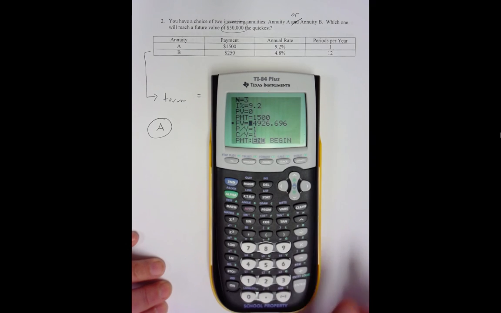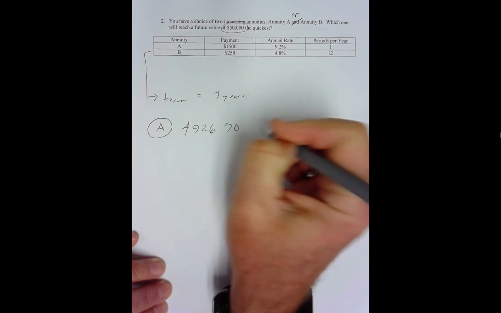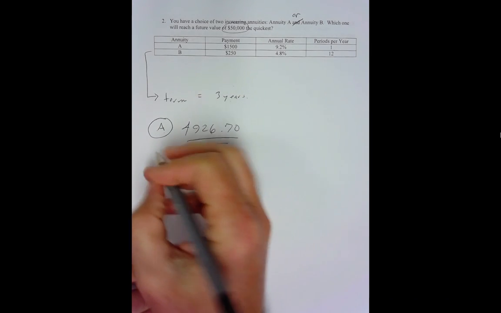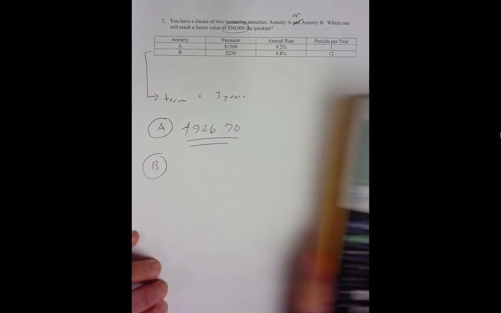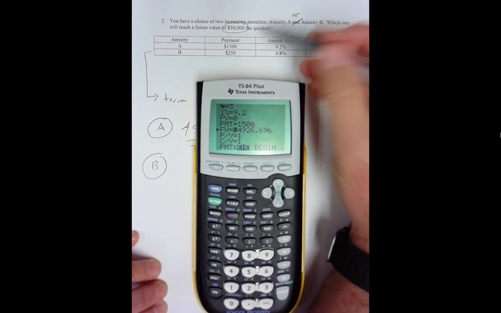So 4926.70 is how much money annuity A will grow to after 3 years. All right, now let's see what annuity B will do in 3 years. Again, we don't care about the 50,000.